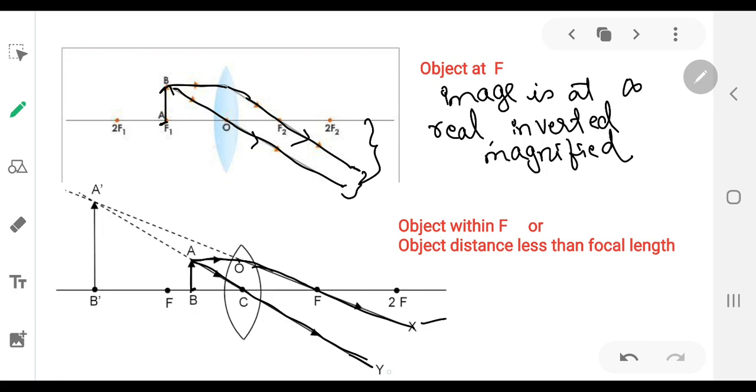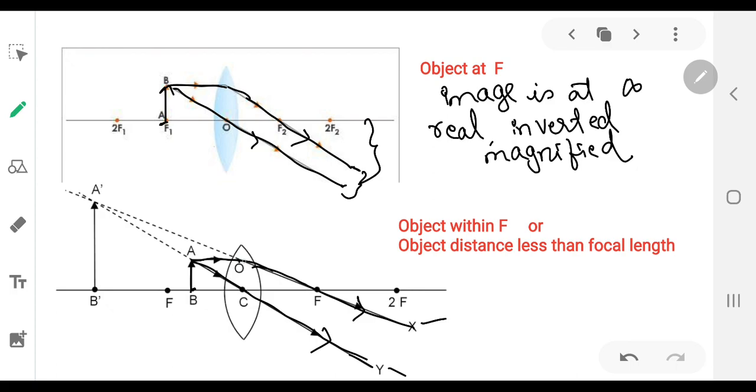Look at the direction of the refracted rays. They are diverging. If they are diverging, they never meet at all. So the image cannot be formed by the actual meeting of the refracted rays.